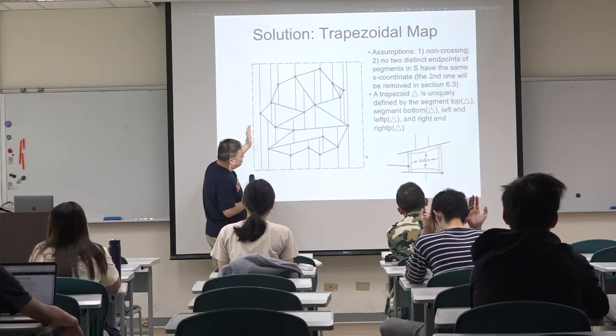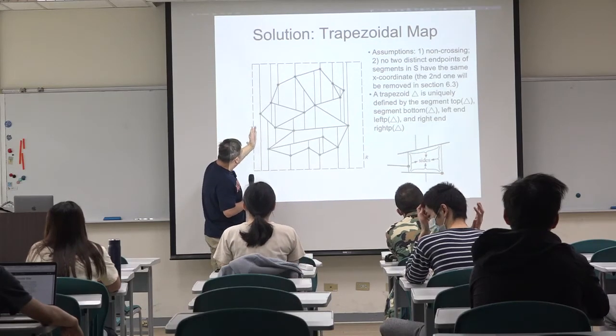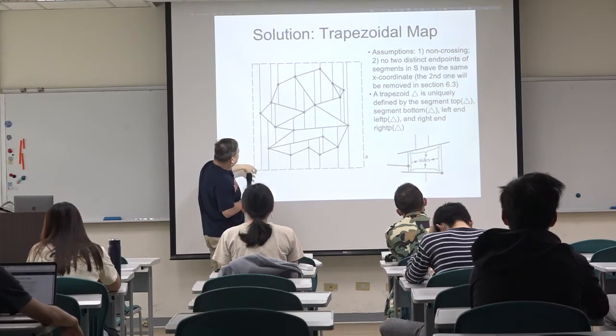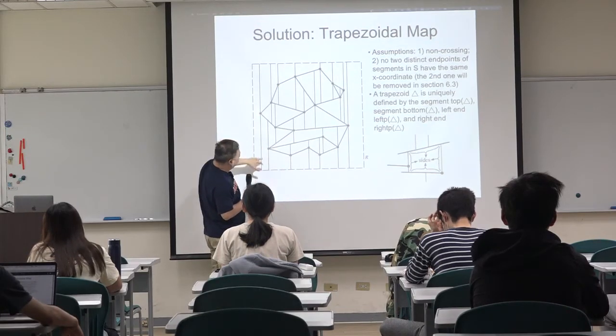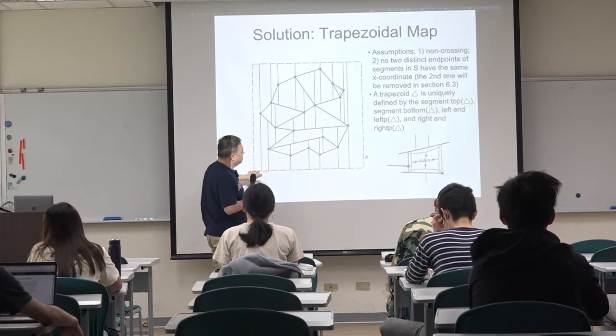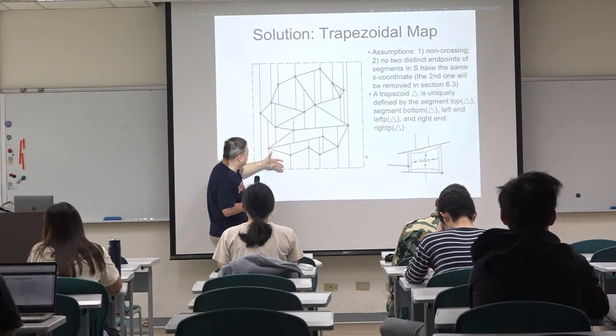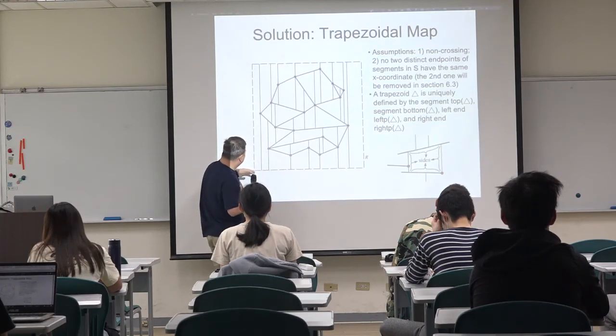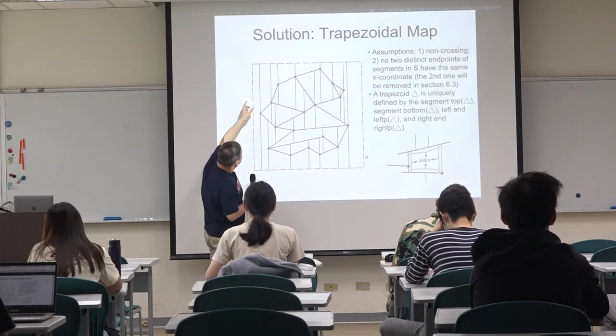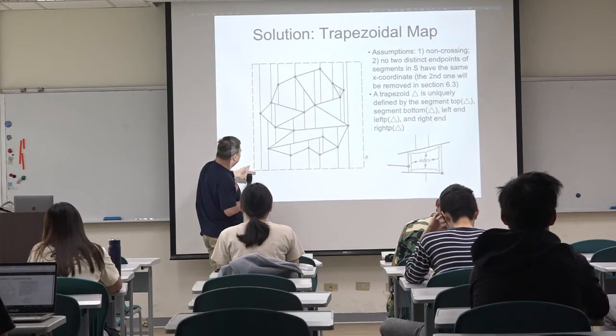But in the case of the bounding box, the top and the bottom don't come from the original segments, but we can consider the top and the bottom of the bounding box as additional, special segments.